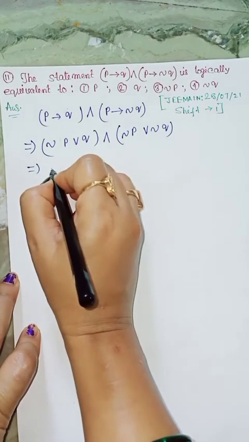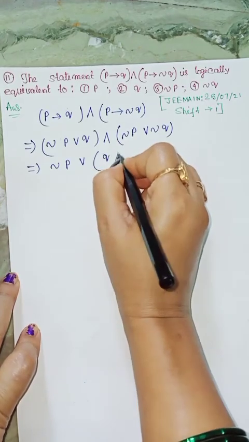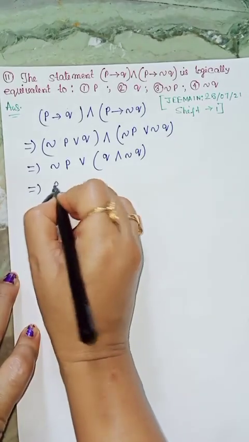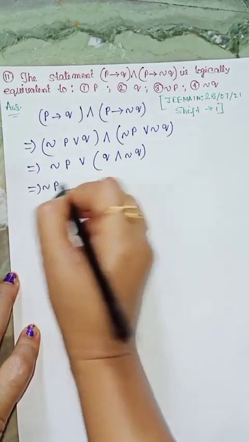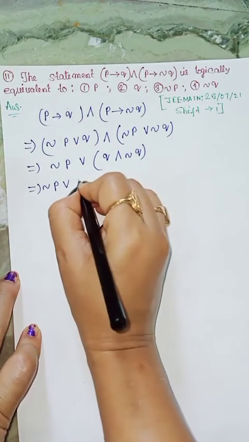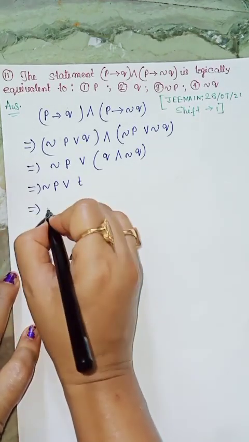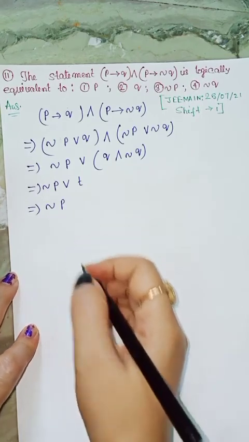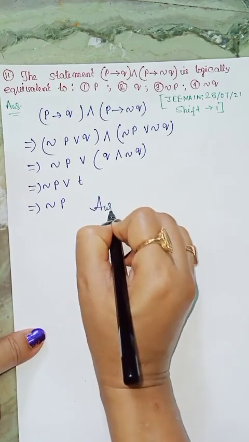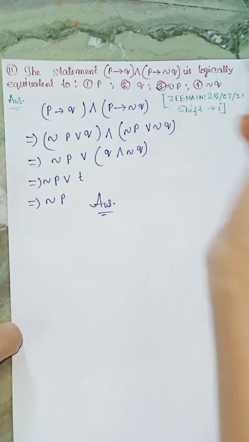That implies not p or q, and not q, which gives not p. So we reached our required answer, and option 3 is our correct choice.